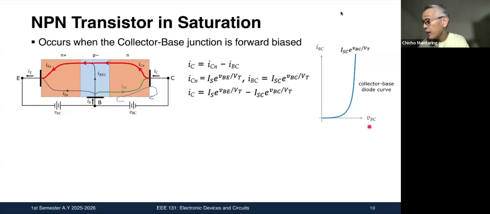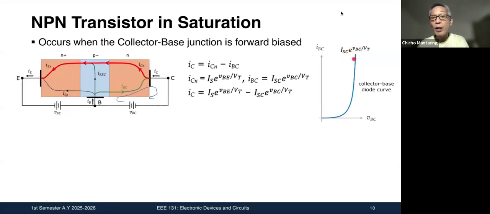This is the characteristic curve of your collector-base diode. It follows the Shockley equation. You have IBC versus VBC, and that follows the equation I sub SC e to the VBC over V sub T, assuming normal values of VBC.